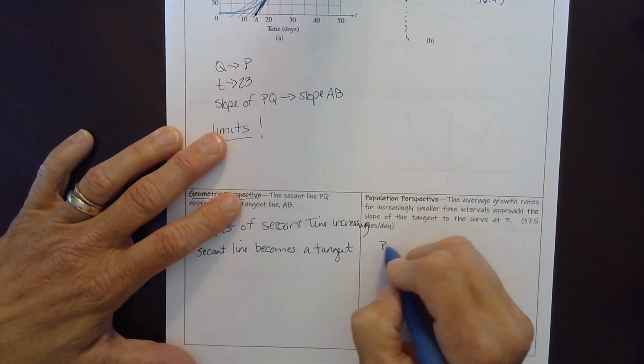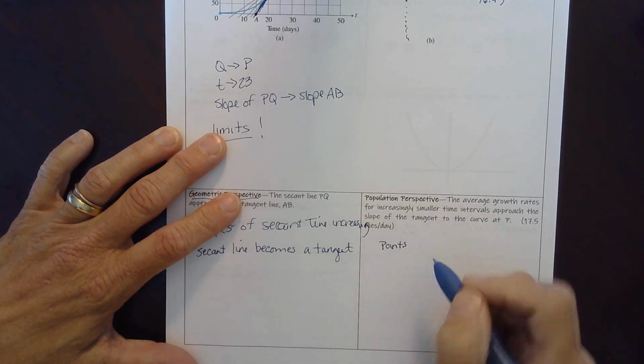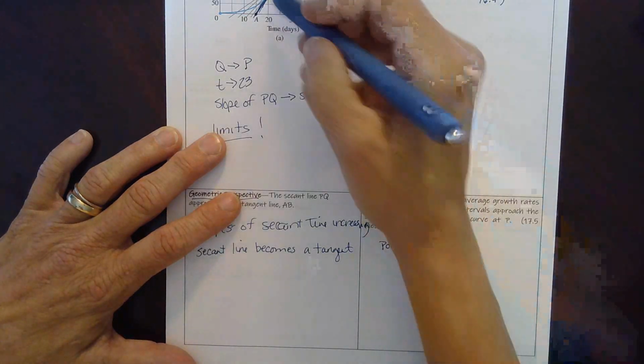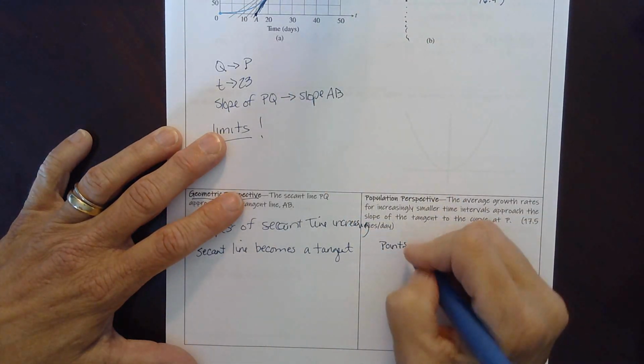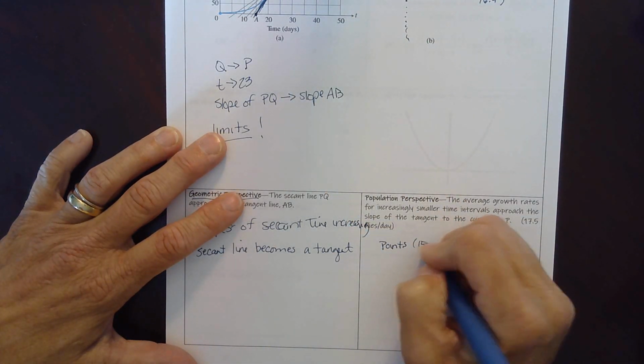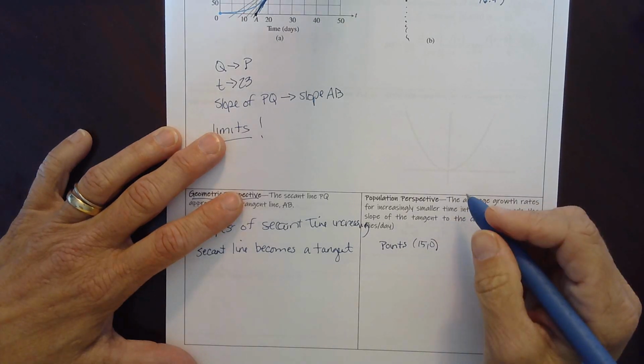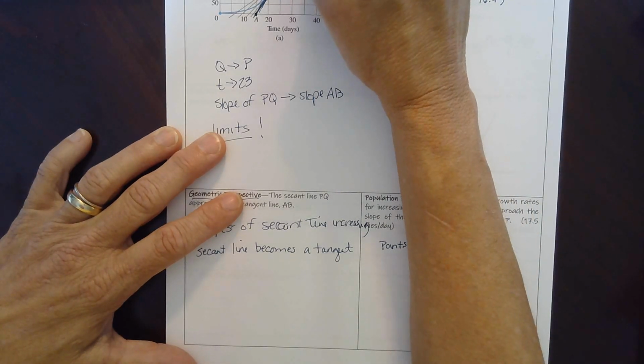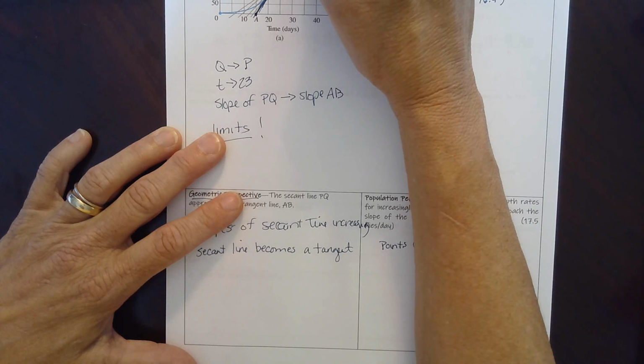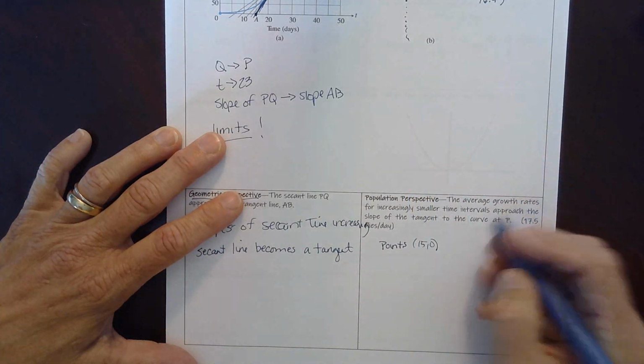So let's say I'm going to use the points, point A is 15, 0. Point B, I've drawn all over this so it's hard to see. What is that, 35, 350?